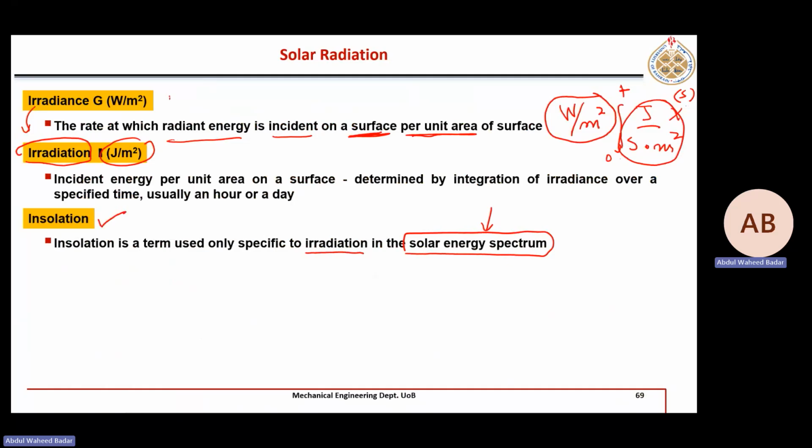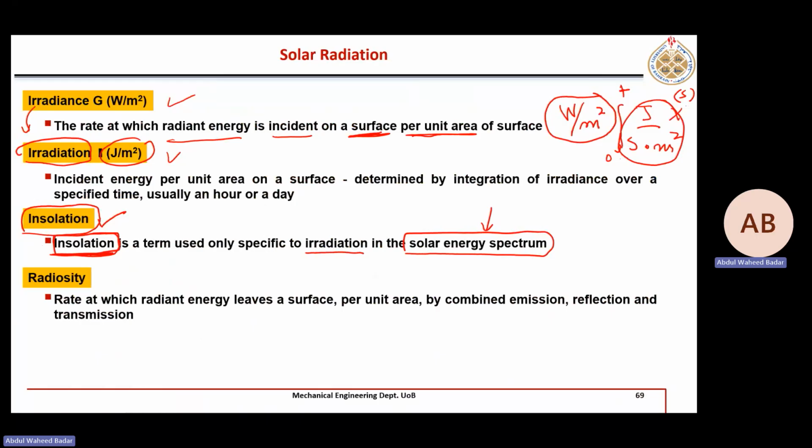We can use the terms irradiance and irradiation not just for solar radiation, they can be used for any other type of radiation. But this term specifically is used only for solar irradiance or solar irradiation. So this is another term which is quite used in solar thermal systems, insolation.